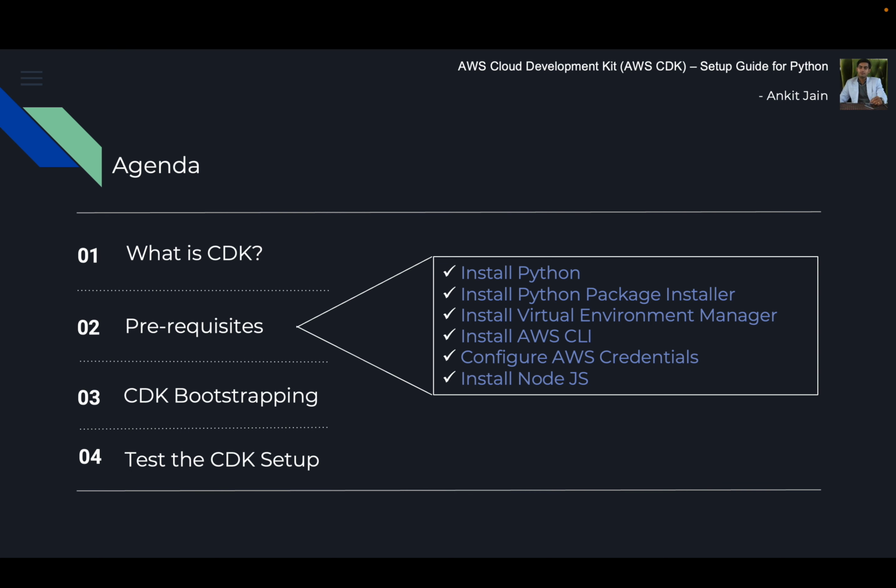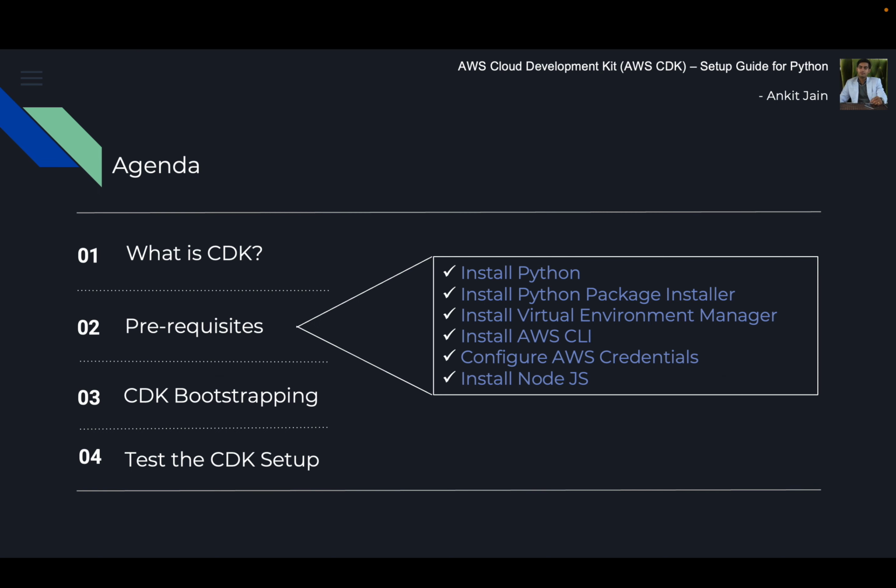Because at the end, whatever you are writing, CDK converts that code into the CloudFormation template, and using that CloudFormation template, it provisions the resources. To convert that code into the CloudFormation template, it needs some backend as well, and for that it uses Node.js. So we need to install Node.js in our workstation as well. Okay.